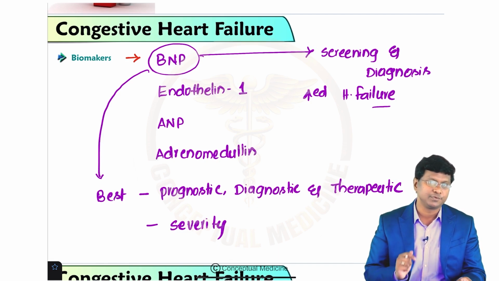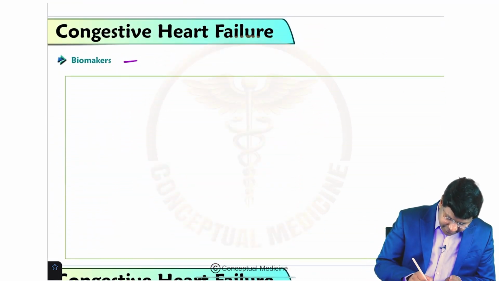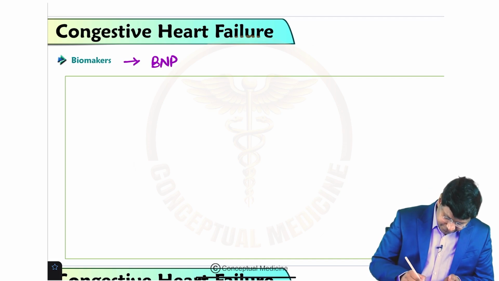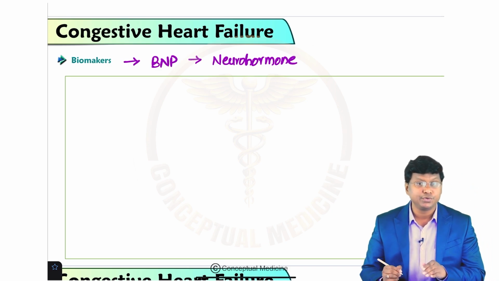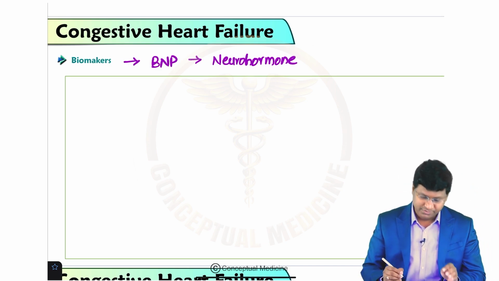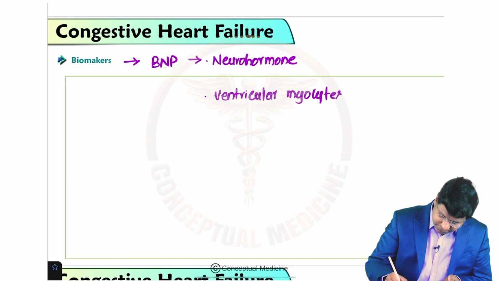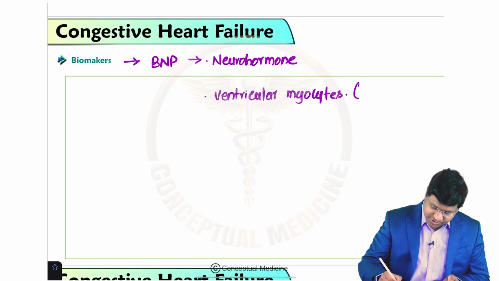This brain natriuretic peptide is a neurohormone released from the ventricular myocytes in response to myocyte stress.